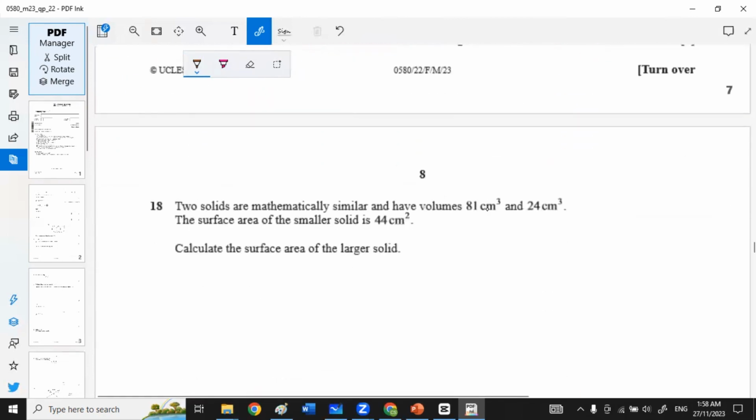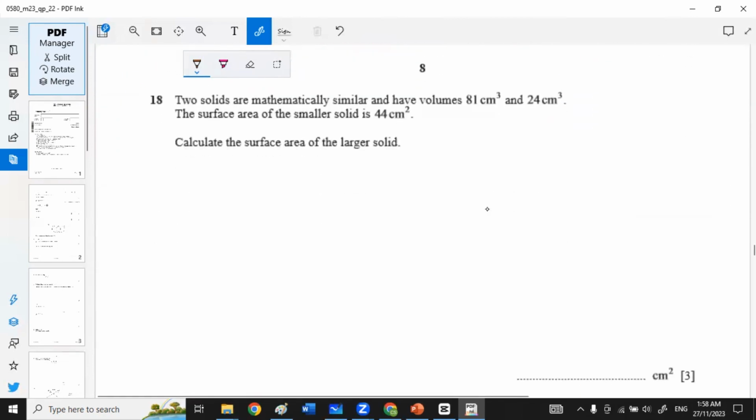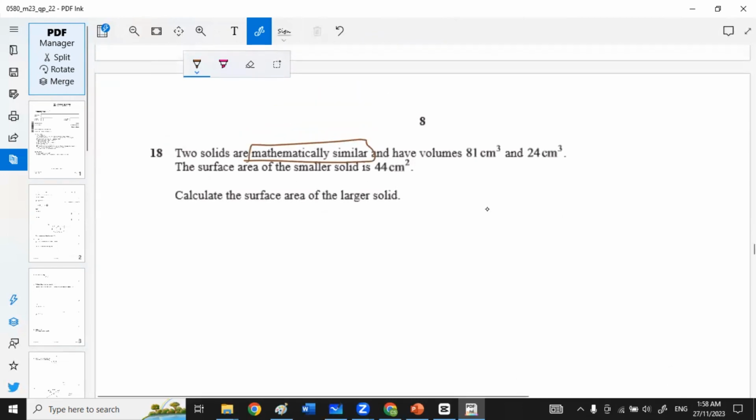Okay. Number 18. Two solids are mathematically similar. For mathematically similar questions, you need to remember three formulas. First one, k is equal to L1 over L2, and then k squared equals A1 over A2, and k cubed equals V1 over V2.